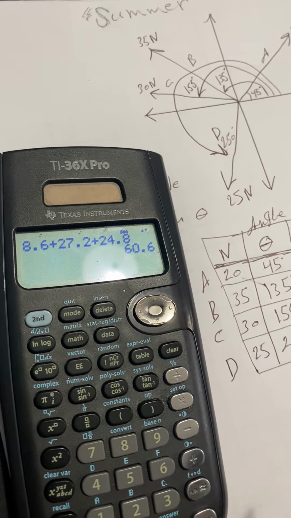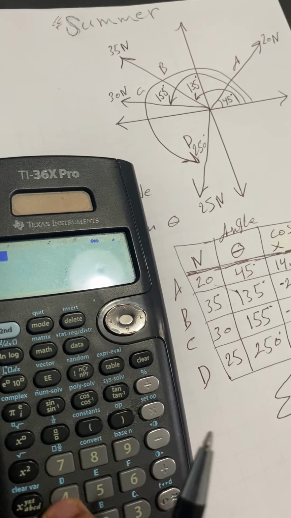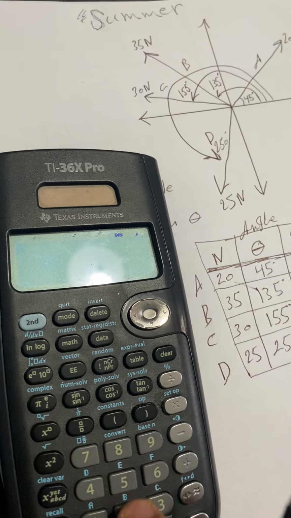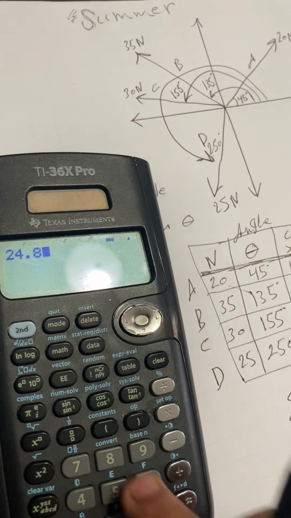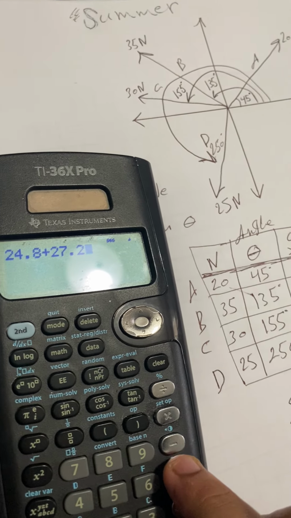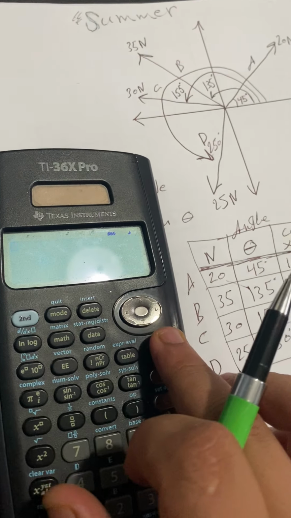It gives me 60.6. I messed up in here. 27.2 plus 8.6. So 60.6. Okay.